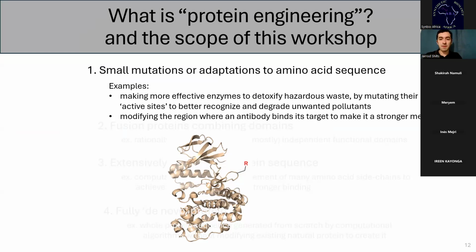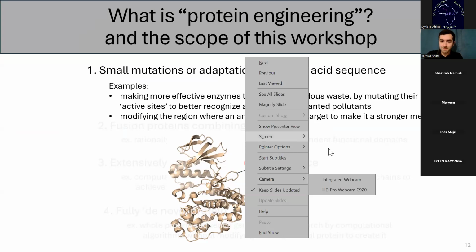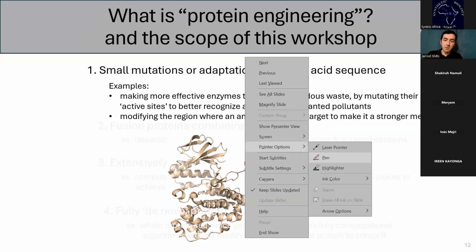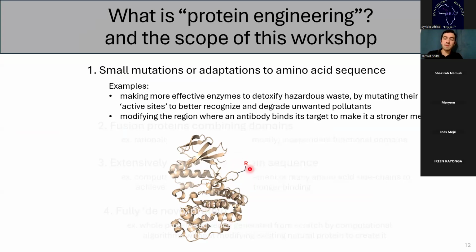Examples might be point mutations on an enzyme, modifying active sites, like in this diagram here. Imagine you have this whole big protein and you're just changing one small region of it, but that can have a very big influence on its function. So it still counts as protein engineering. How do you decide the best modification to make and where to make it?